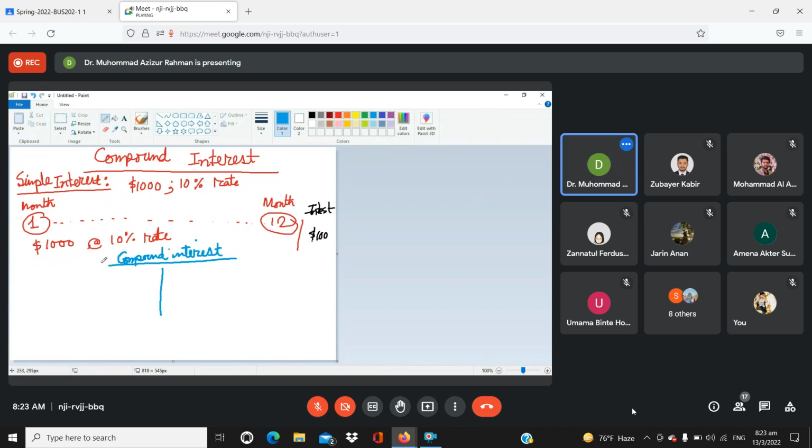Now instead of 12 months, we take the first month and 6 months. We do one conversion, calculating the interest after 6 months.